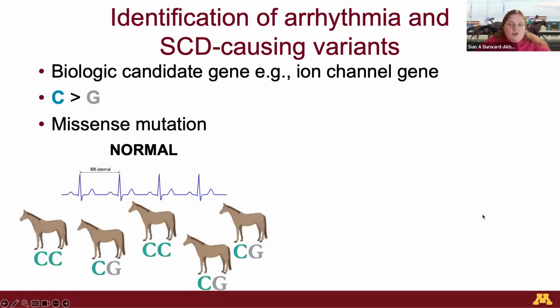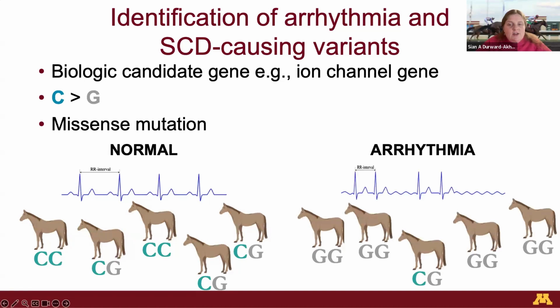When we look at normal horses, you can see here that the reference, which is the C, is present in almost all of the normal horses. A few of them have a C to G, which would be considered heterozygous for the variant, but they all appear to be normal.